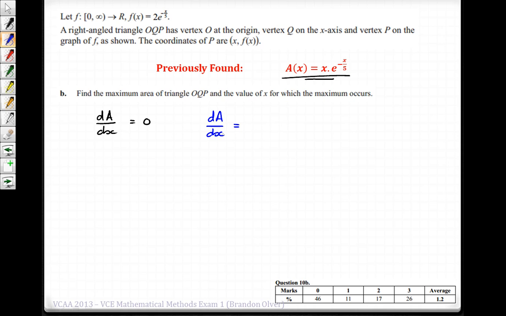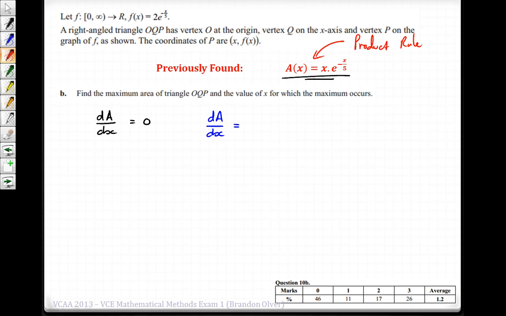So we've got area equals x times e to the power of negative x on 5, which is going to be a product rule. So we're going to need to apply a product rule to this.